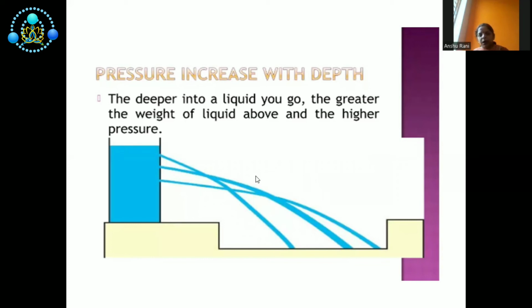Pressure from this part will be less. Pressure from this part will be more, because you can see this much column of liquid is coming extra on this part, and from this part, only this much column of liquid was exerting pressure. So you can identify that water from this part is moving to more distance than from this hole.